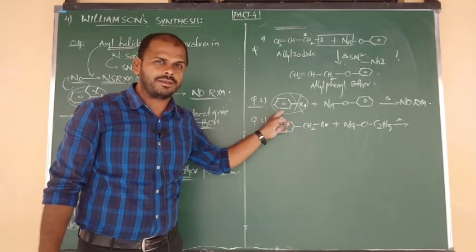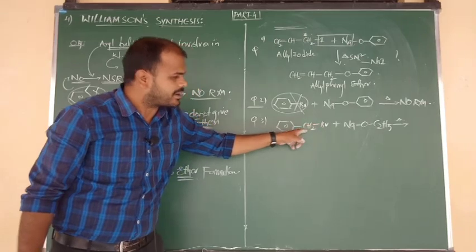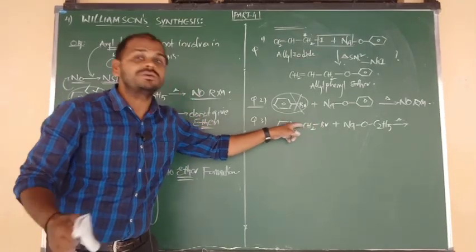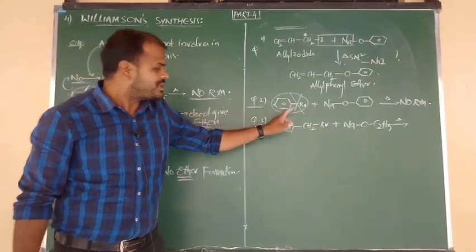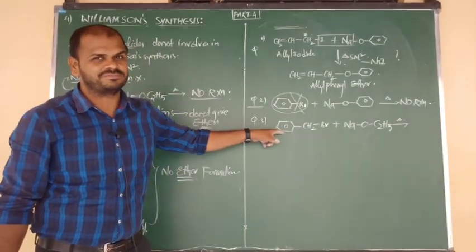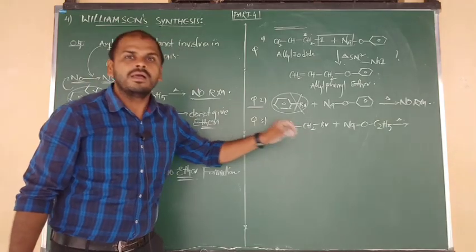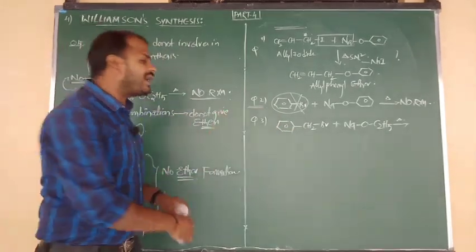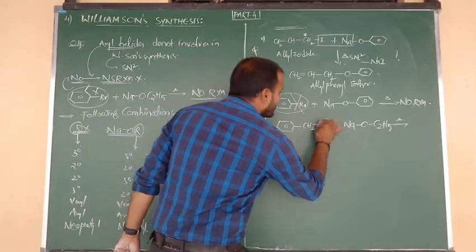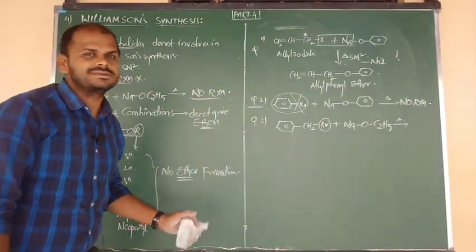This is a haloarene. But in question number 3, the halogen was connected to CH2, and that CH2 was connected to benzene. So here the halogen was not directly connected to benzene, so it is not a haloarene. It is an example of aliphatic alkyl halide. So aliphatic alkyl halides can easily undergo Williamson's ether synthesis.